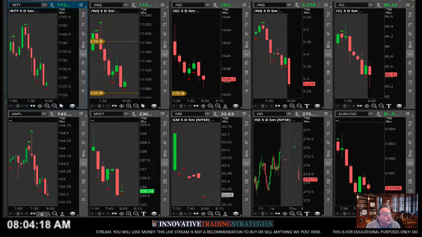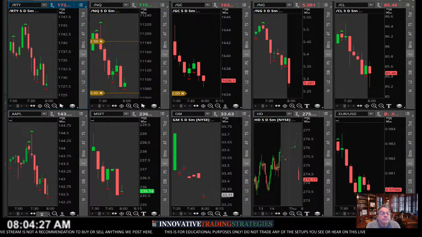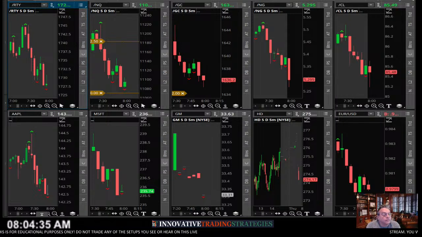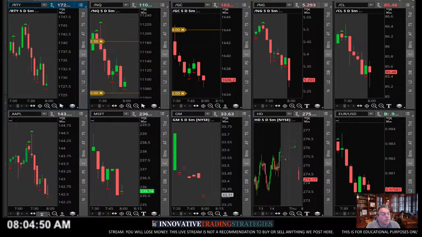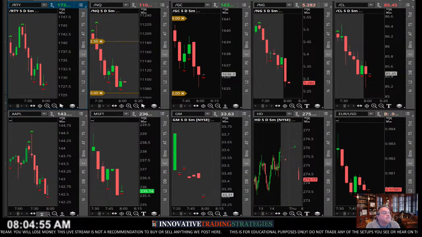So profit target is 1632 on this short gold, and reversal is going to be 1644. All right, short gold. Short the mini NASDAQ.